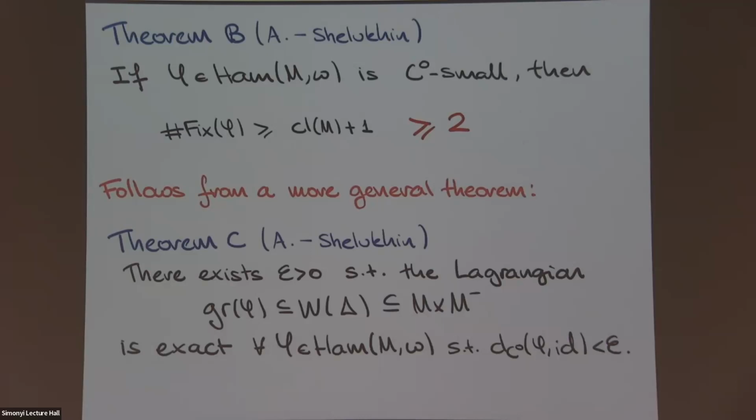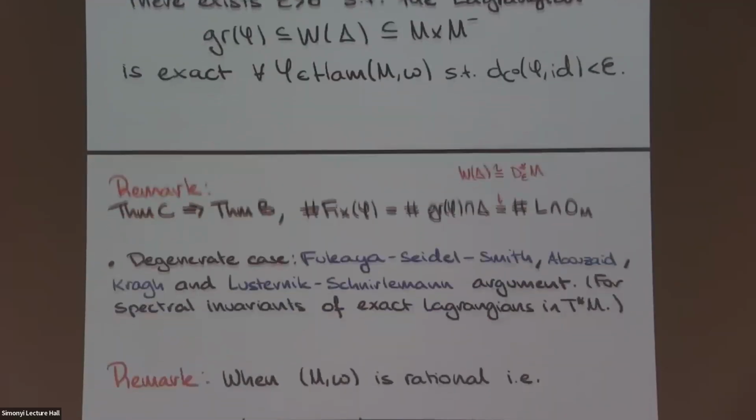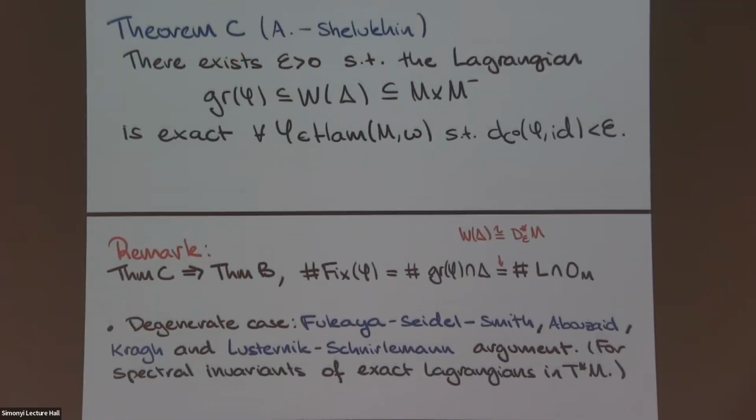So now the question about fixed points of C0 small Hamiltonian diffeomorphisms becomes a question about intersection points of exact Lagrangians with the zero section. Exact, not necessarily Hamiltonian isotopic, but still the same algebraic tools apply.